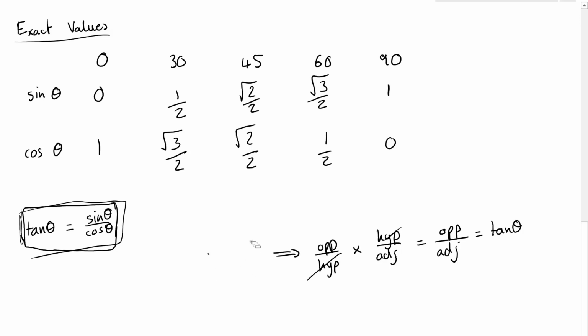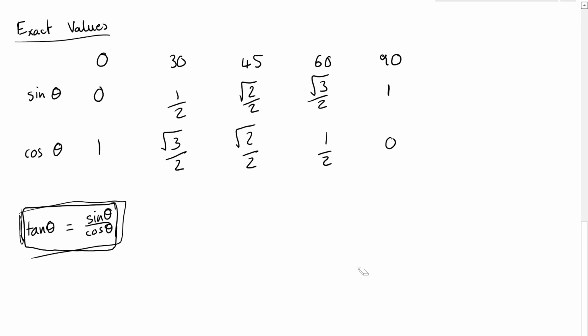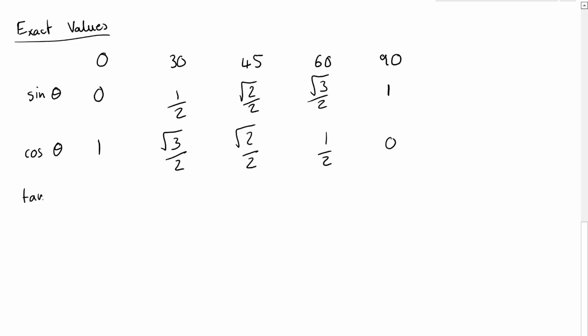So we can use this identity to work out what all of these values are. If we have tan theta, and I'll write down here that tan theta is equal to sine theta over cos theta. If sine theta is 0 divided by 1, then tan theta must be equal to 0.